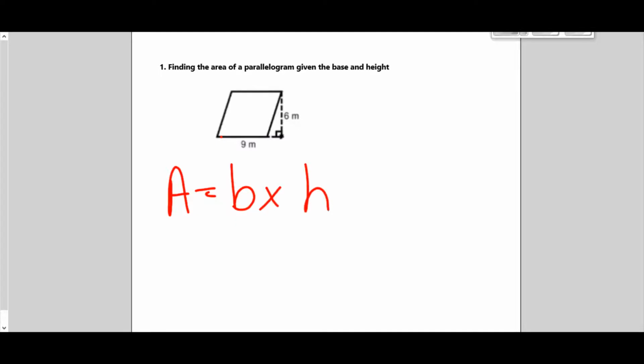So here's my parallelogram, I'm highlighting it in blue. This side is parallel to that side. So my base is 9. So this is my base. And remember, my height, in this case, is outside the parallelogram. And so my height is 6. So this is my height.